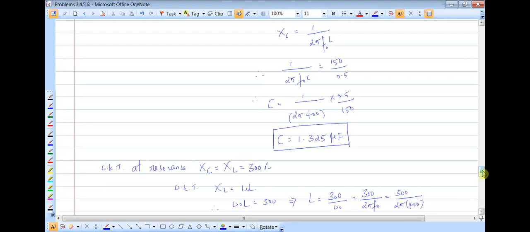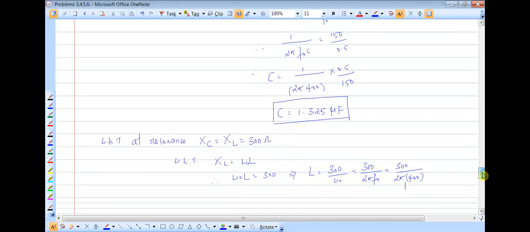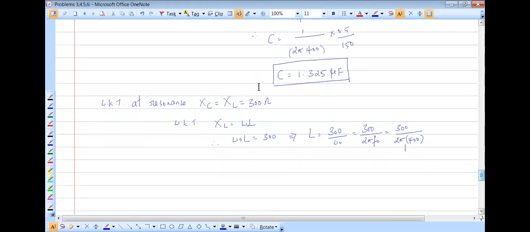Since at resonance we know Xc, we should be thoughtful to understand this. If you understand this, then things become easier, otherwise no. So what would be our L? Therefore our L is equal to, you can copy this, calculate later on and just verify the answers, 0.119 henries.